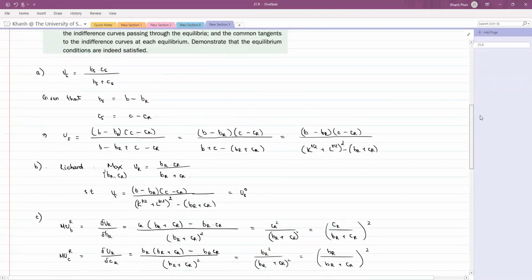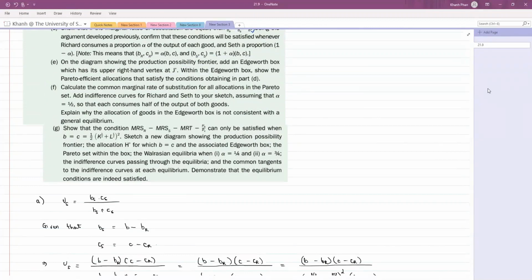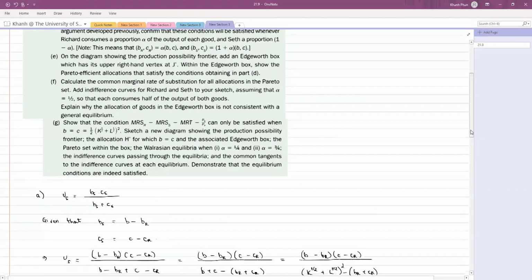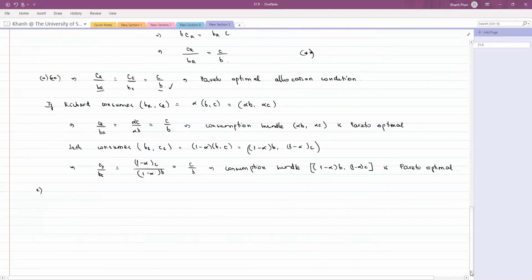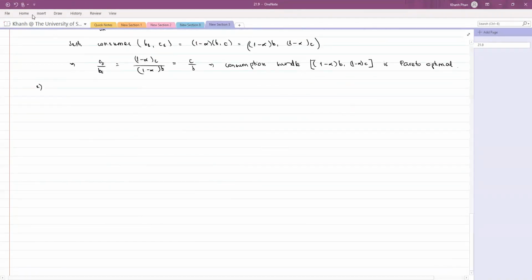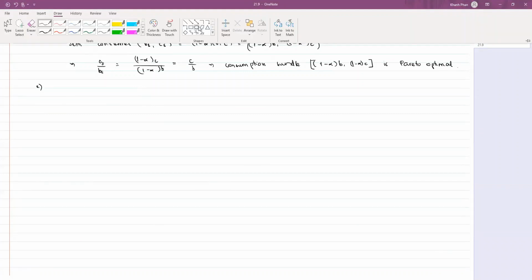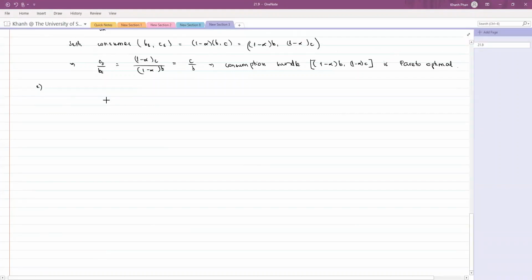Okay, so part A is asking you to show on a diagram the production possibility frontier and then add an Edgeworth box which has an upper right hand vertex at J dash, and within the box show the Pareto efficient allocations that satisfy the condition obtaining in part D. So first of all, I will have a diagram in which I have the production possibility frontier first.